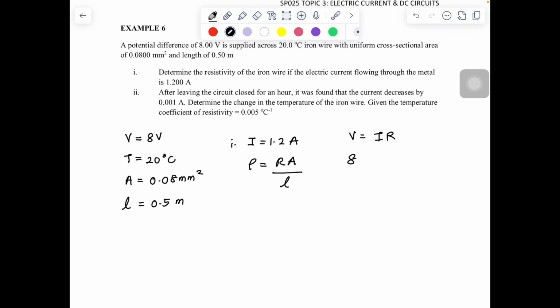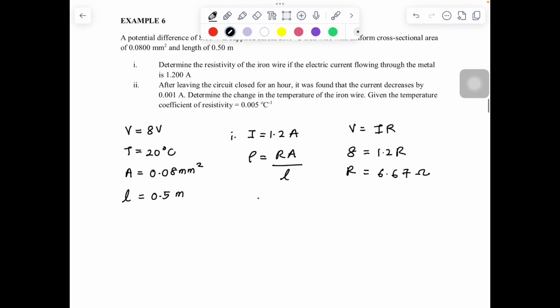So V is 8 volt, I 1.2. So you get resistance equal to 6.67 ohm. And then barulah masukkan dekat sini area. Okay, you need to convert, notice here it's in millimeter square. So millimeter is exponent negative 3.